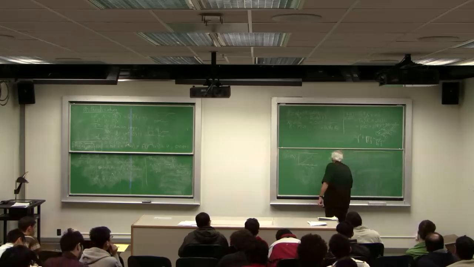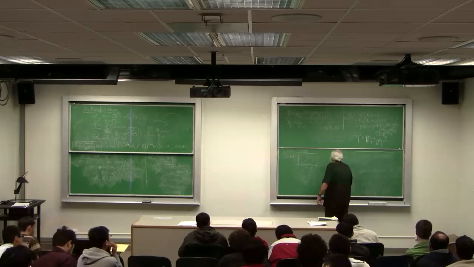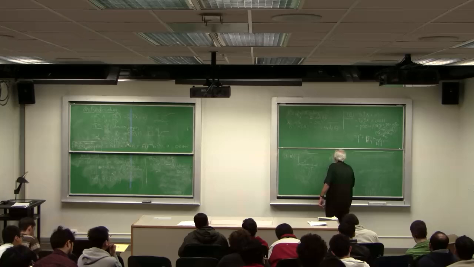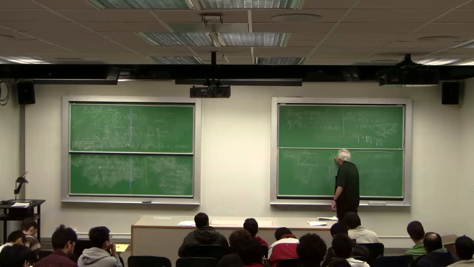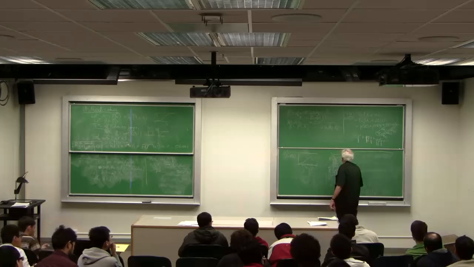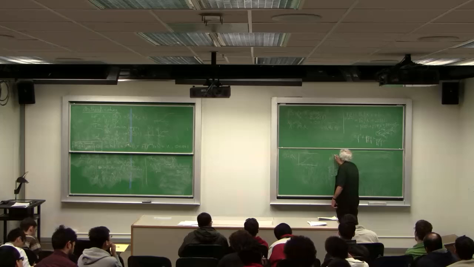In any case, we keep dividing this. This is now PQ. This is of length Q squared. This is PQ. And this is P squared. Okay?